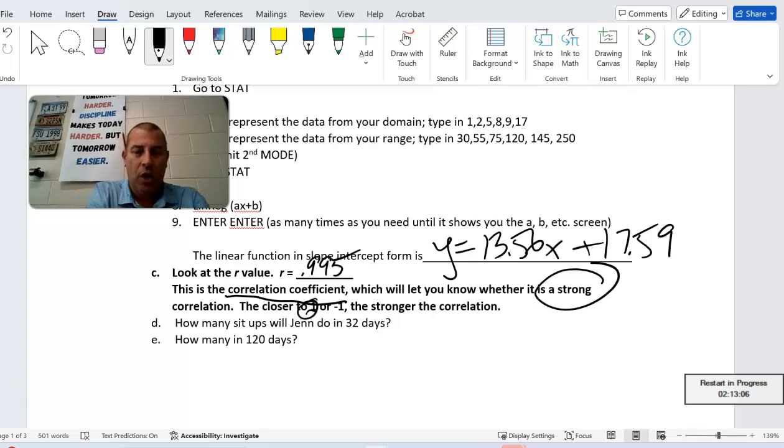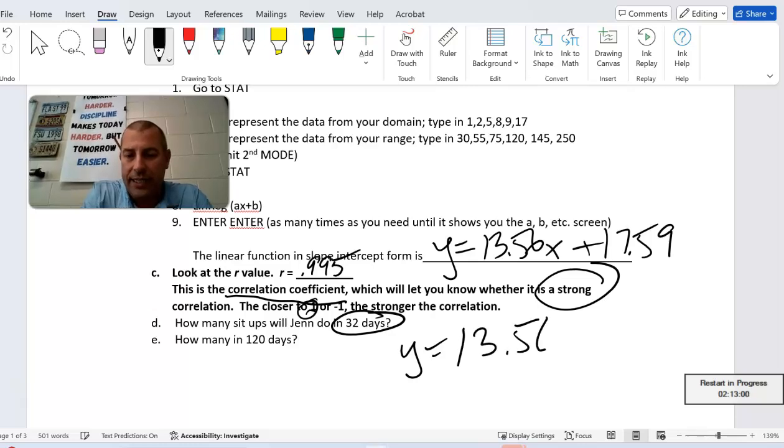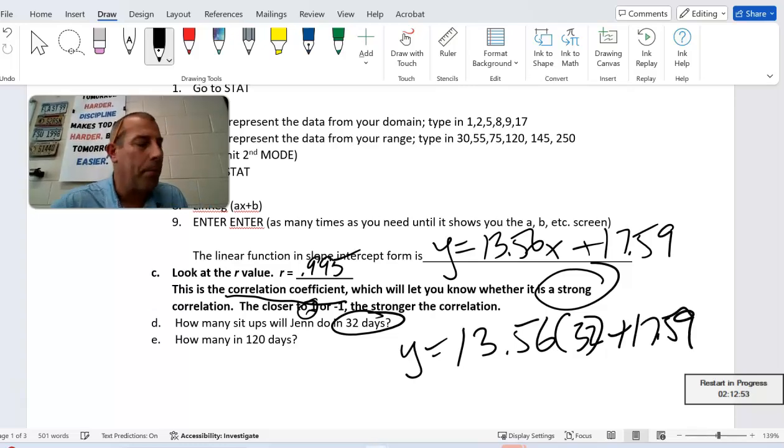So that lets me know my equation is going to be a very good predictor of what can end up happening here. So in 32 days, X was our days, so we can just plug the 32 into your calculator, and we're going to get a strong prediction. That's going to give us right around 451 sit-ups.